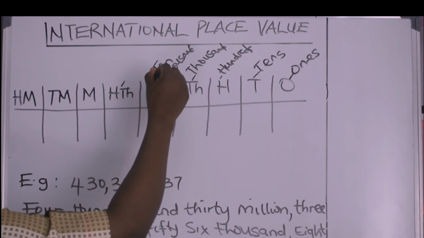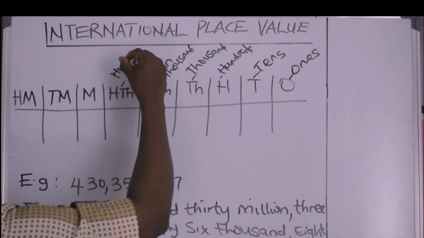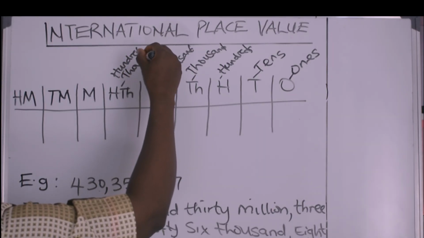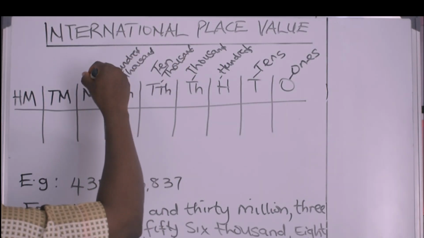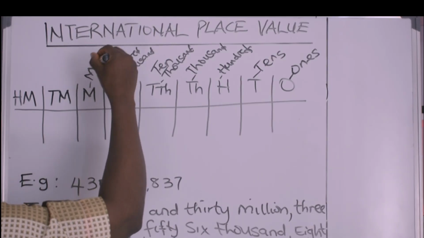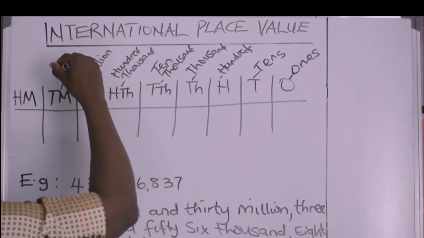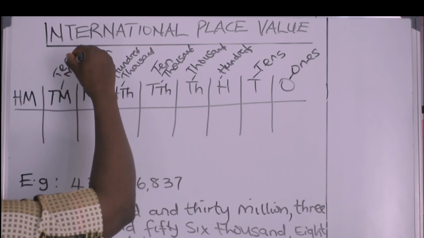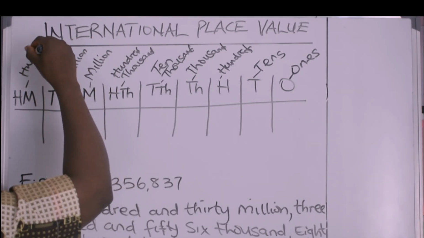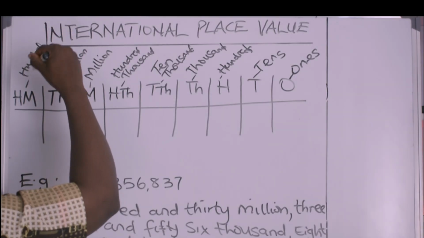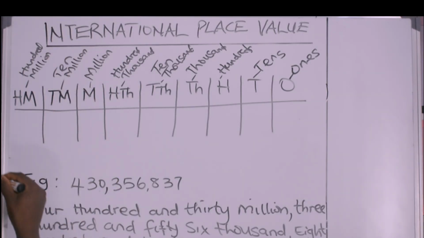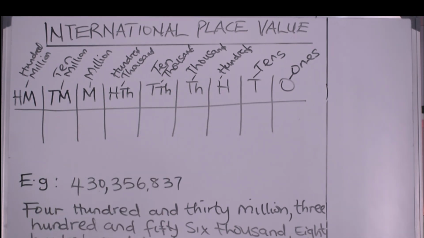We have 100,000. We have million. We have 10 million. And we have 100 million. Hundreds of million, tens of million. These are place values.